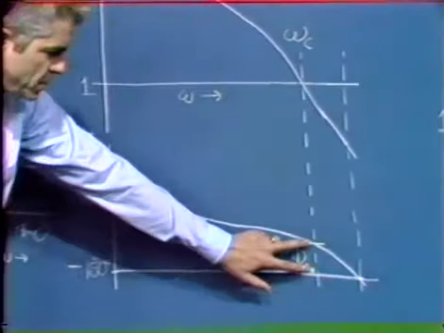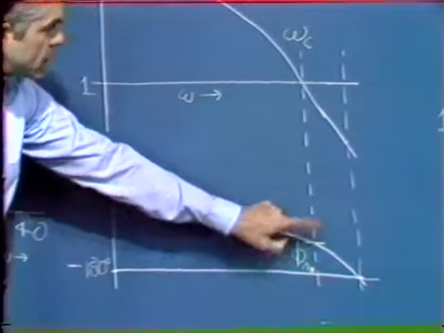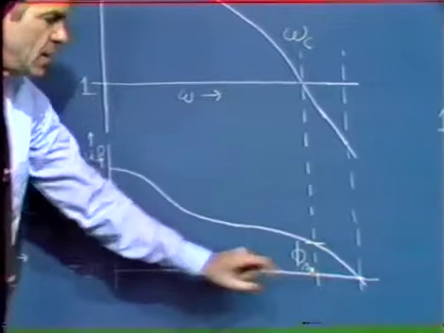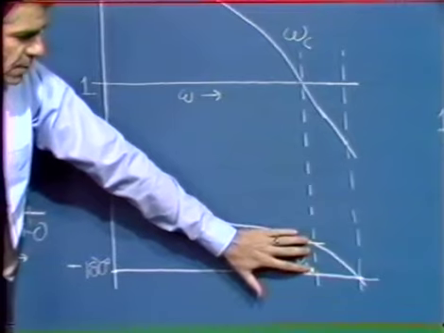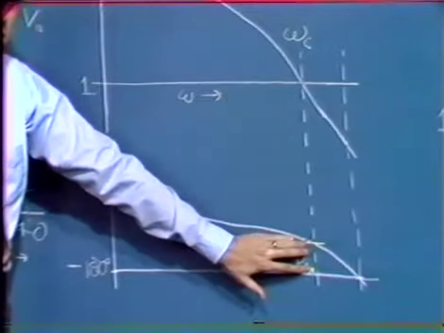In other words, the phase margin represents the difference between the angle of the AF product at the crossover frequency and minus 180 degrees. In some sense, it's a measure of the amount of additional negative phase shift we could add to the loop transmission before the system became unstable.